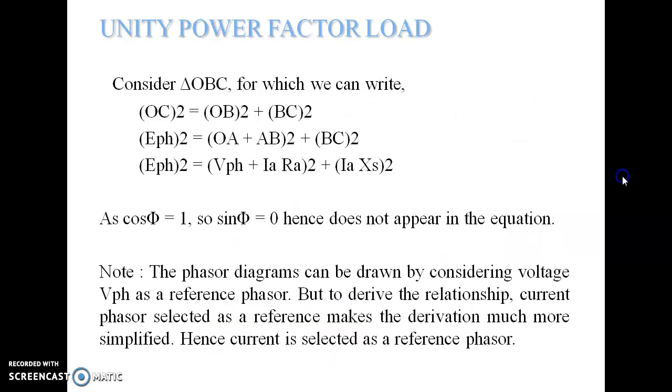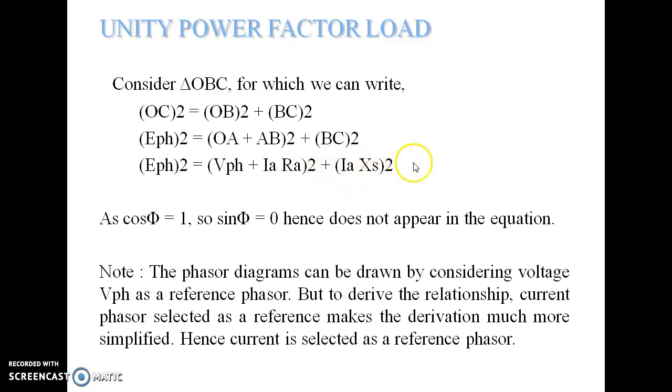Now we will go to the formula. If we consider the triangle OBC, it can be written OC square equals OB square plus BC square, or EPH square will be (VPH plus IARA) square plus (IAXS) square.